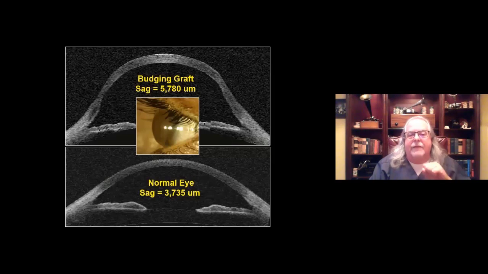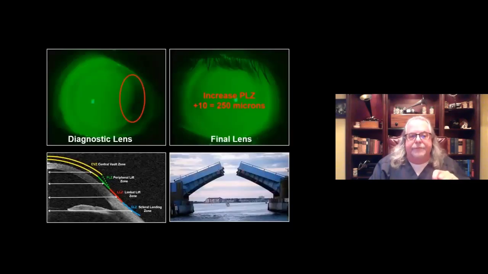We can see the ICD FlexFit on this patient in that center slit lamp image, and it indeed has created that desired clearance. Now, once again, we're going to evaluate this and see, do we need to make some additional subtle changes to the contact lens?